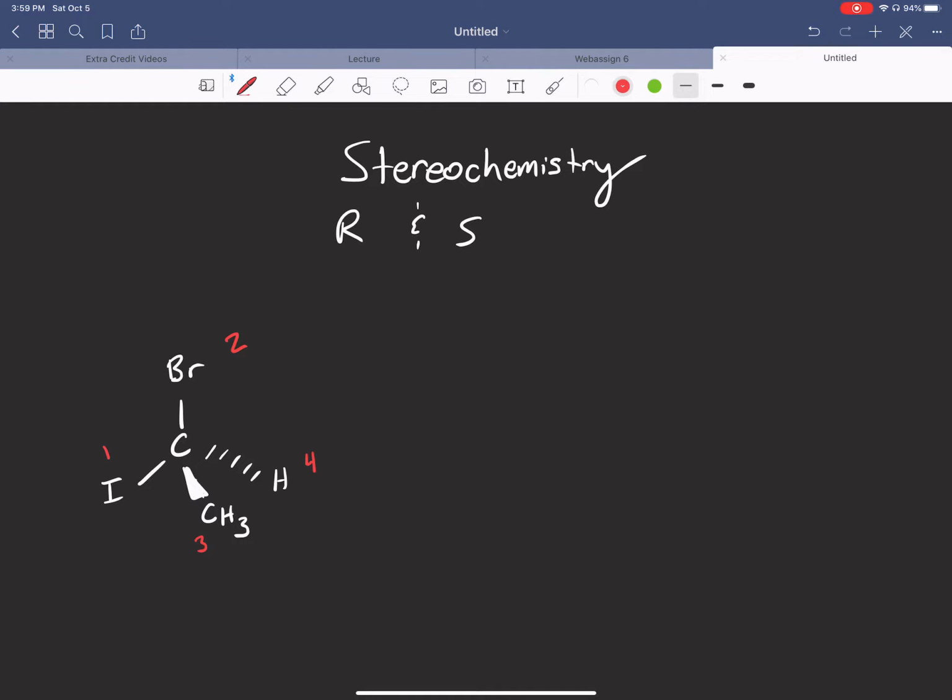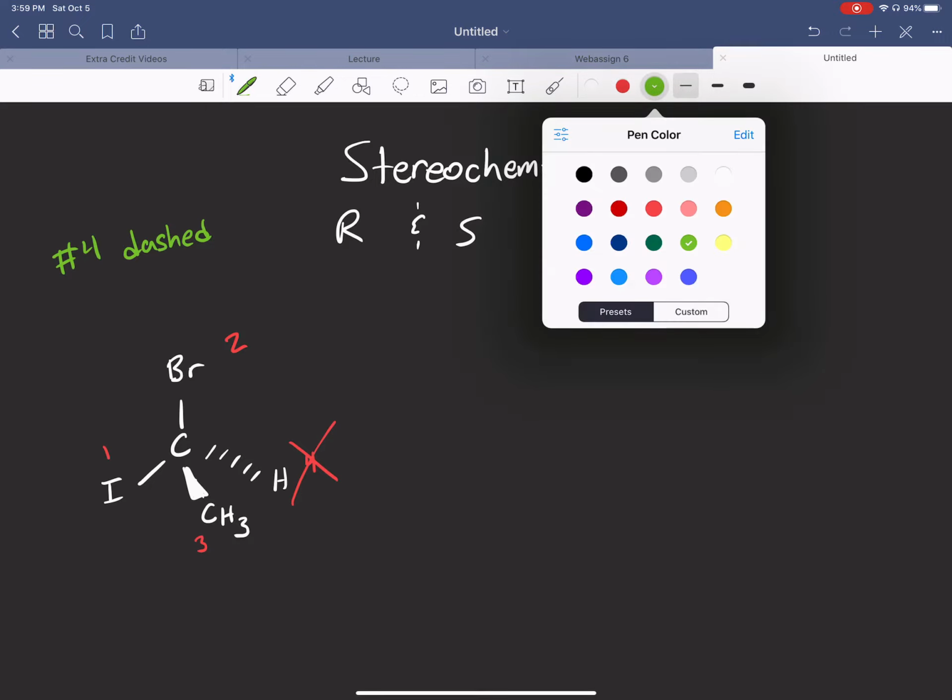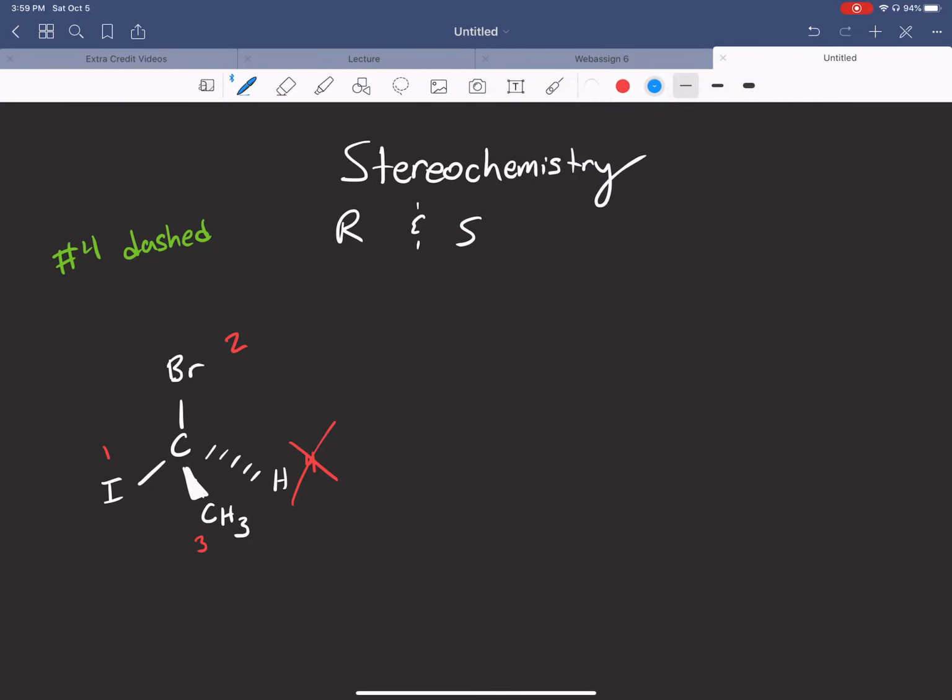I'm going to write number 4, dashed. Once you have your numbers, cross out the one you labeled 4 and do not look at it again. Now you're going to draw a circle, starting from 1 all the way to 3. So we're going to go here, 1, 2, and 3.